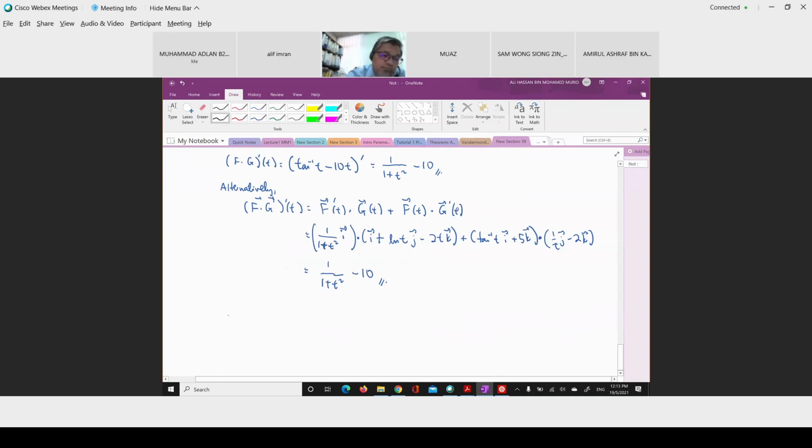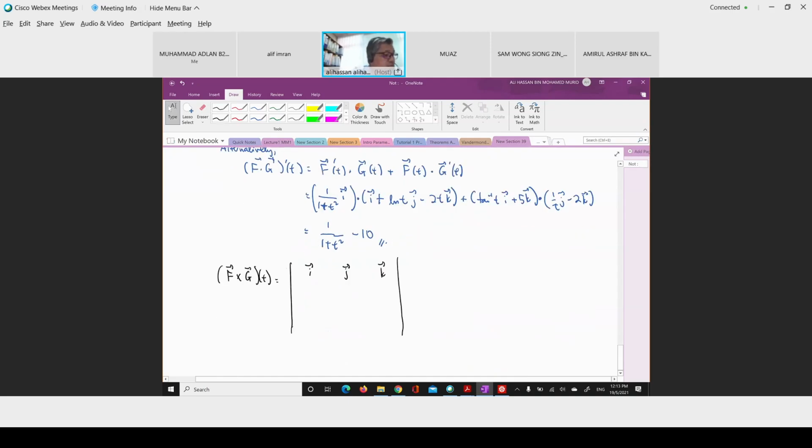The top row is the unit vectors i, j, k. The second row is the components of vector f.